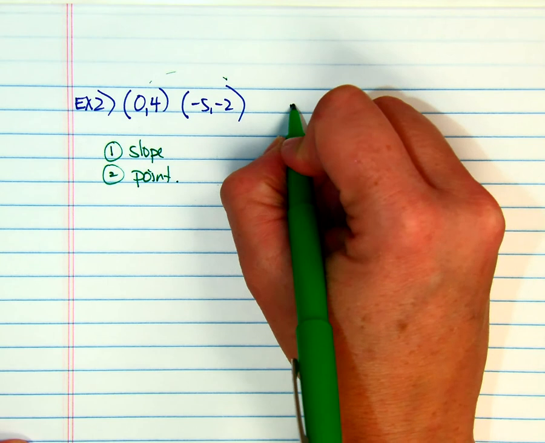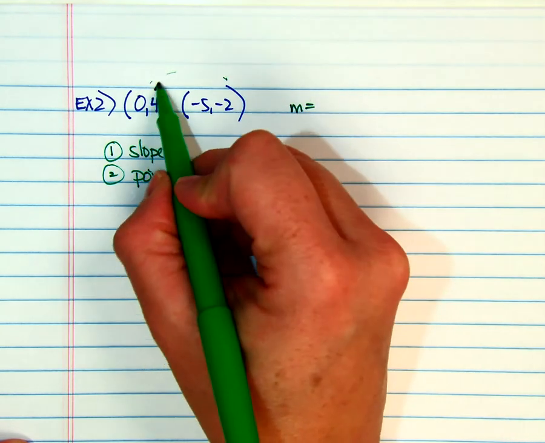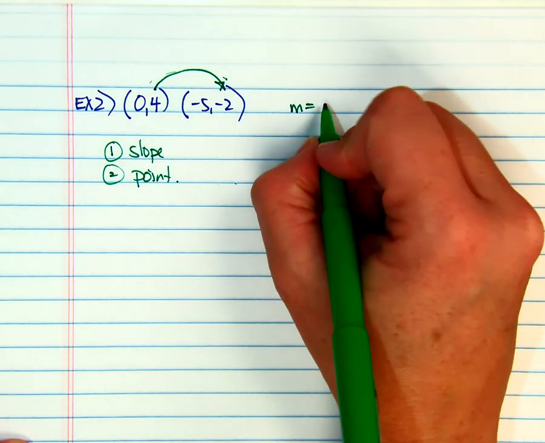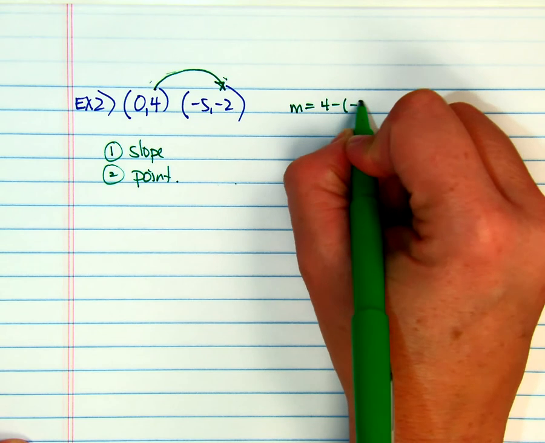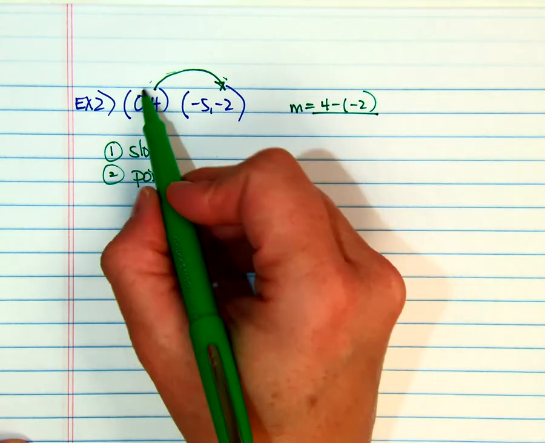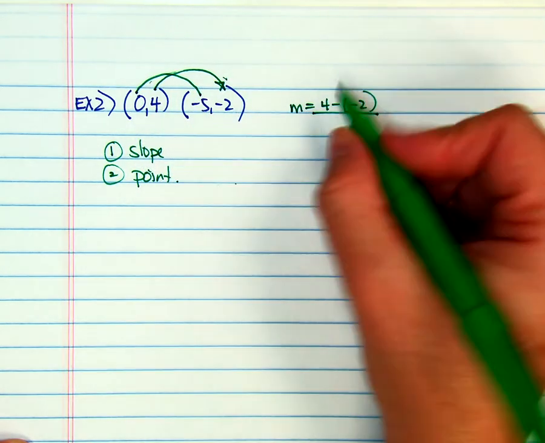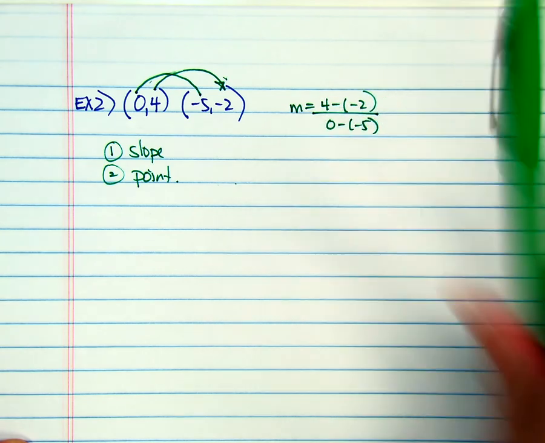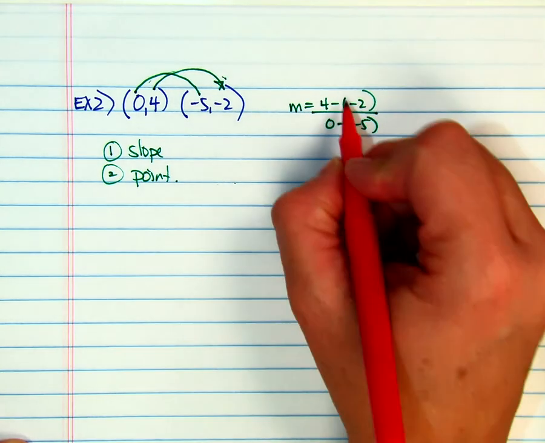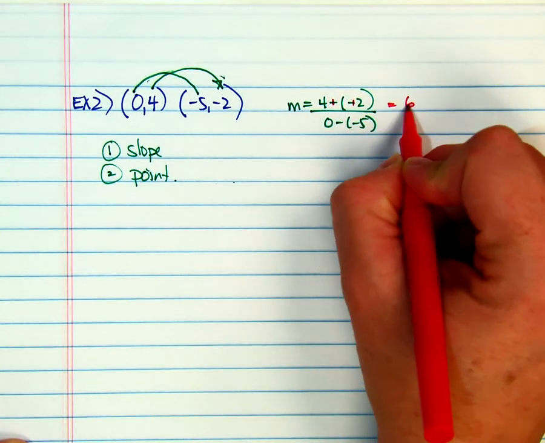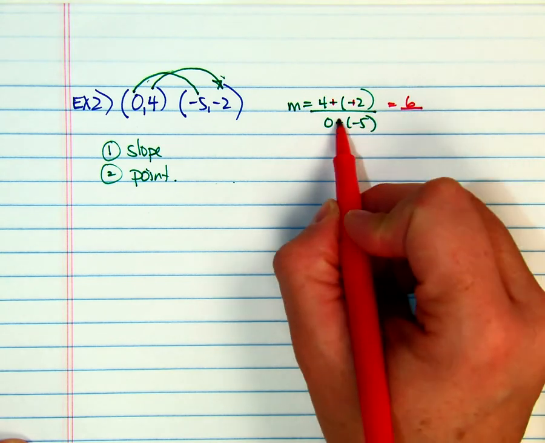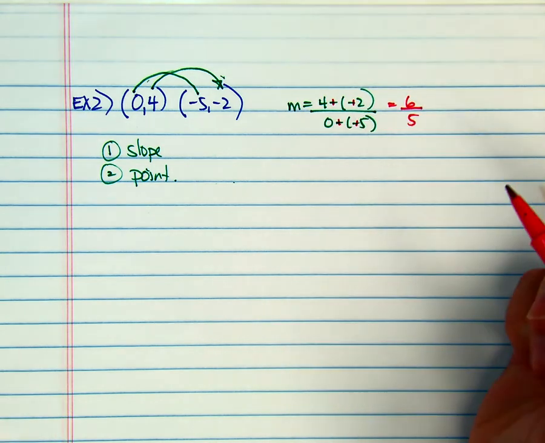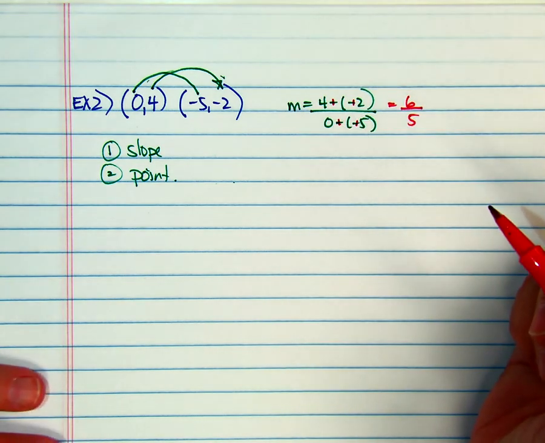So I have m = (y1 - y2) / (x1 - x2). Minus a negative is plus a positive. Minus a negative is plus a positive. So I have a slope of 6/5.